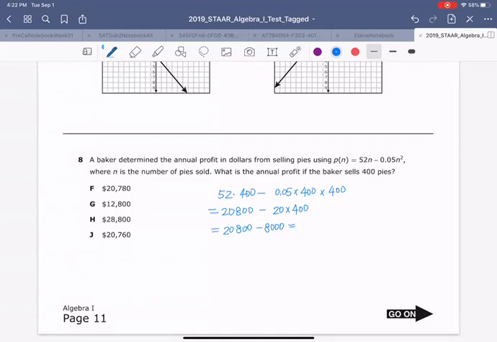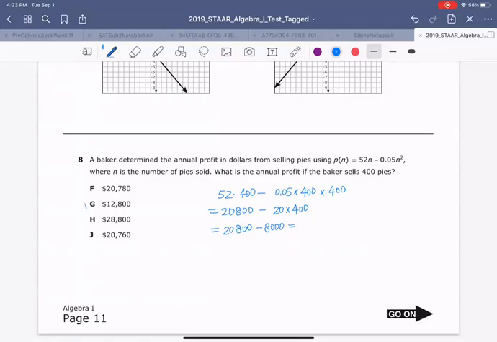You got the answer? Not yet. Which one you choose? 12,800.